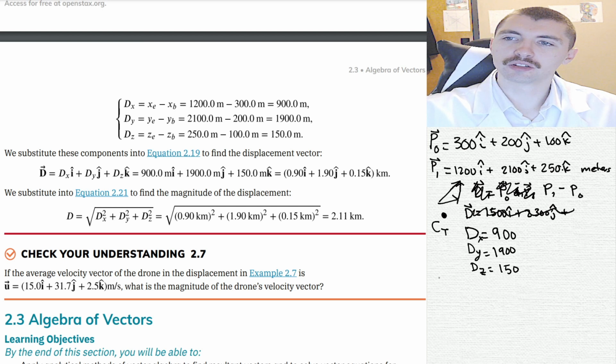Okay, so now we can do our tricks. So the displacement of the whole is the square root of the sums.